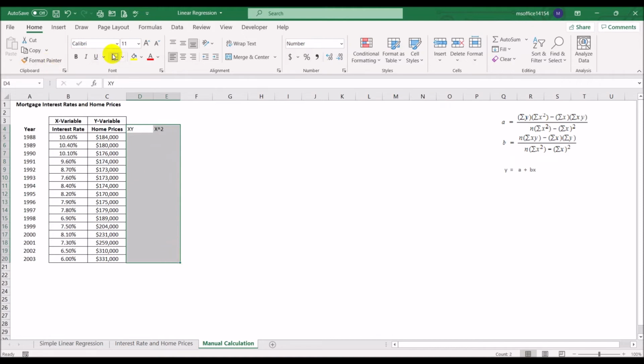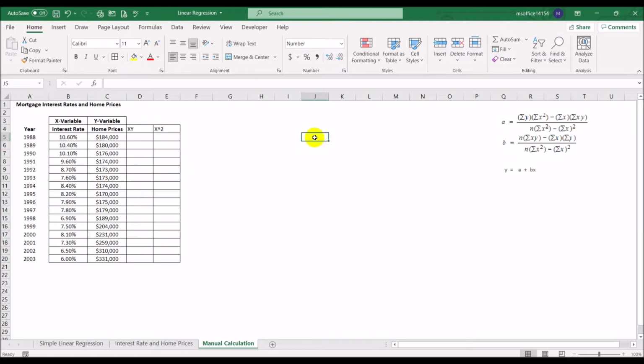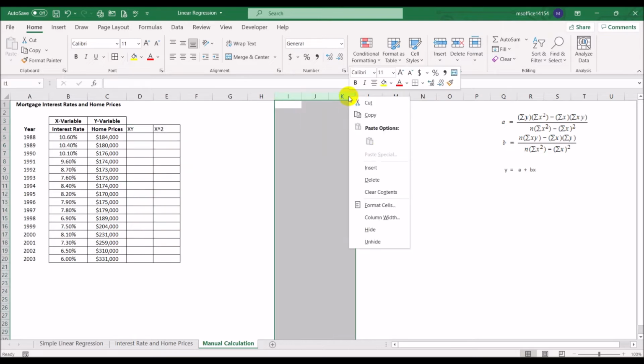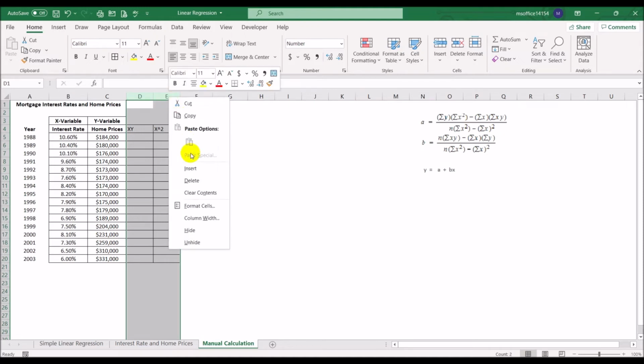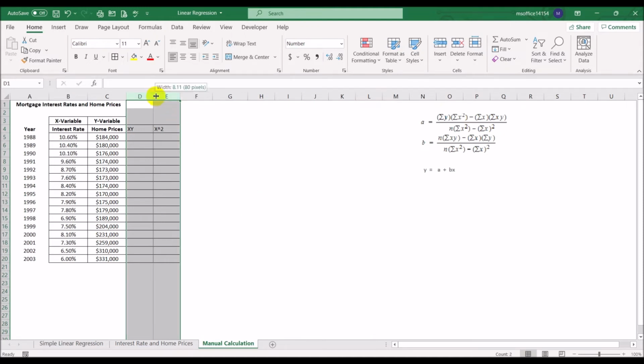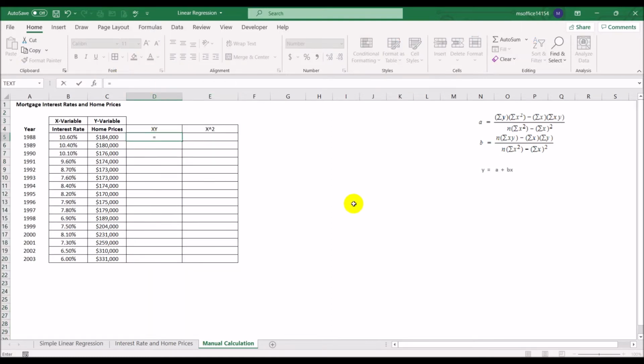Let me delete a few columns from here, and let's make those a little thicker, and center. Now xy would be x into y, and let's bring this all the way down.